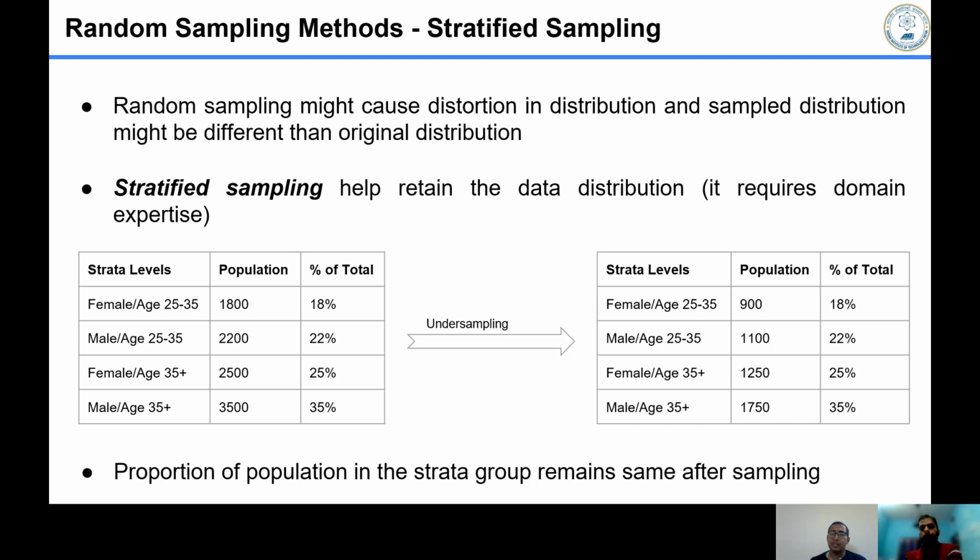So, for example, in our fraud use case, let's take age and gender as strata variables. As we can see in the table, the female 25 to 35 years group actually has 18% population, both prior to sampling and post sampling. Proportion of samples in the strata group remains the same after sampling as well.